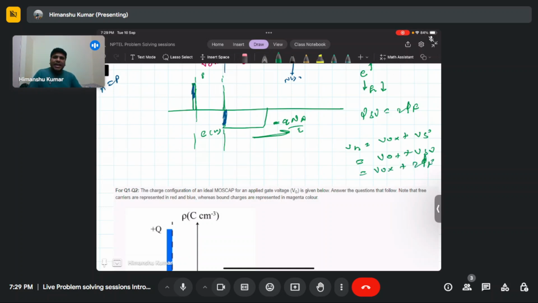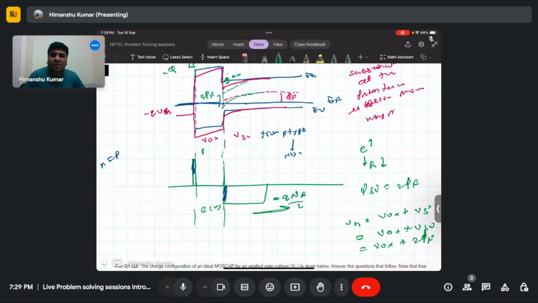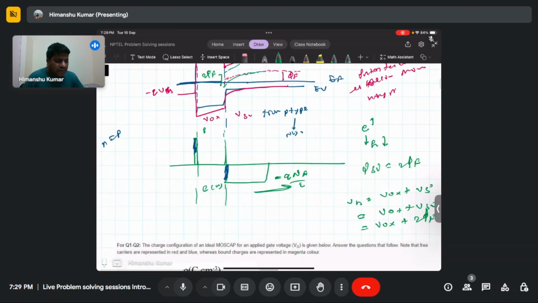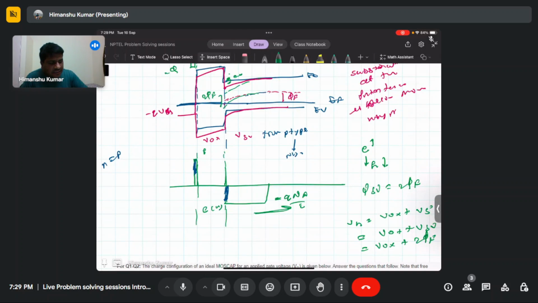Psi f you can calculate as a function of substrate doping density, and the oxide voltage you can calculate just by applying the boundary condition at this interface.